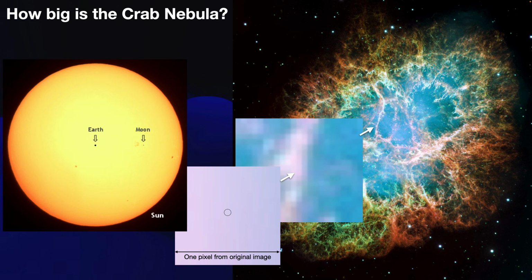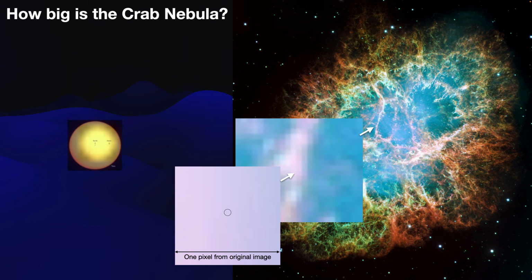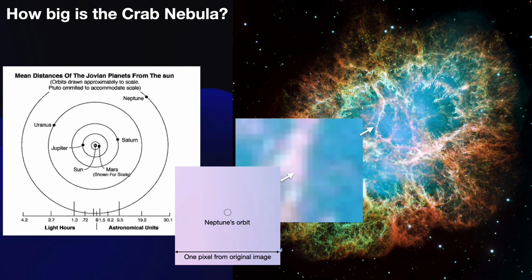No. Is that circle the size of the sun? No. That circle is Neptune's orbit. So basically our entire solar system is 1/15 of 1 pixel in that image of the Crab Nebula, which is just jaw-droppingly, ridiculously hard to get your mind around.